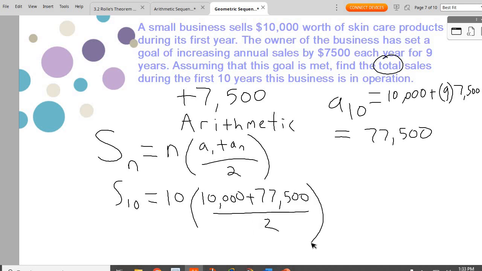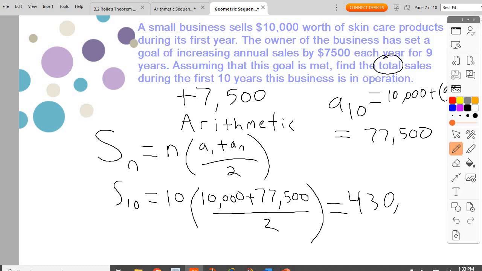So notice that I can also use 10,000 instead. So what do we get? 460,000? Someone said 43,750, oh wait, times 10. So 437,500. Yes.